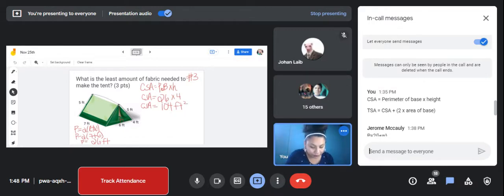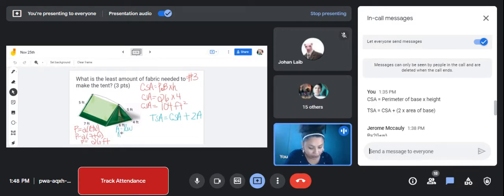Now I need to find the total surface area. The total surface area is the curved surface area plus 2 times the area of the base. We said the shape at the base is a rectangle, so I need to find the area of the rectangle, which is length times width.